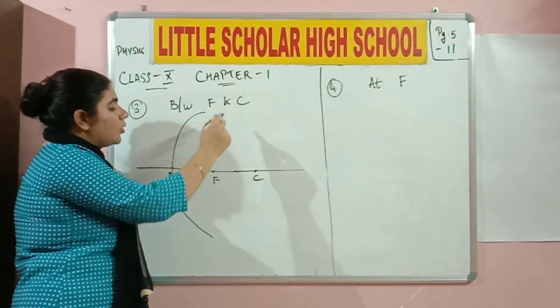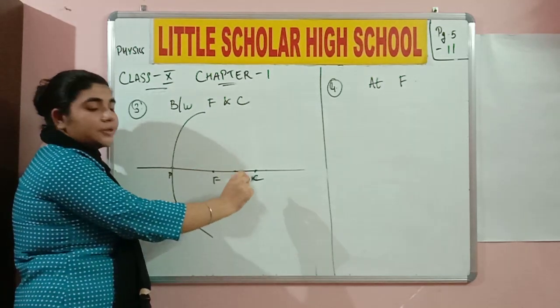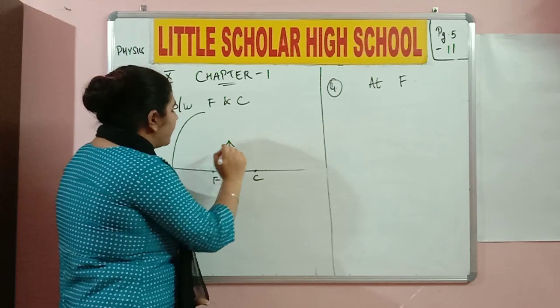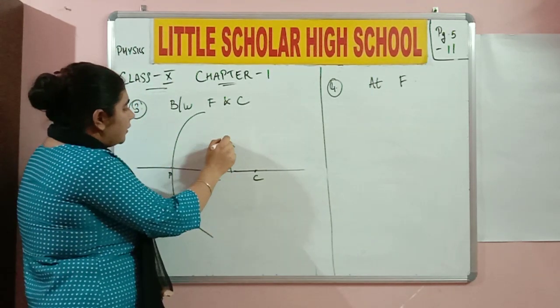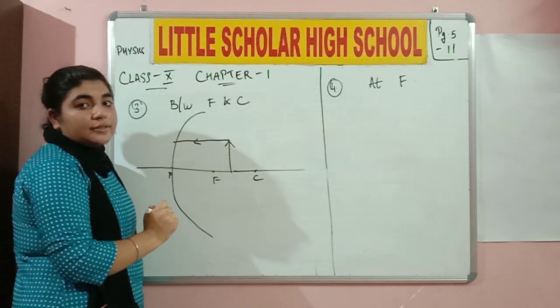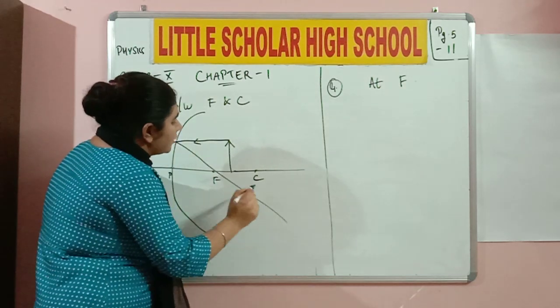I'm going to place the object between F and C. So I have the concave mirror, the pole, the focus, and the center of curvature again. I'm going to place the object somewhere between F and C over here. Now the incident ray travels parallel to the principal axis. So now the reflected ray is going to pass through the focus.